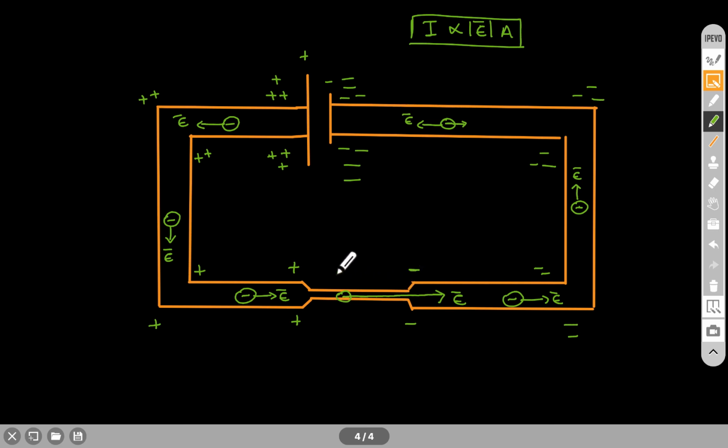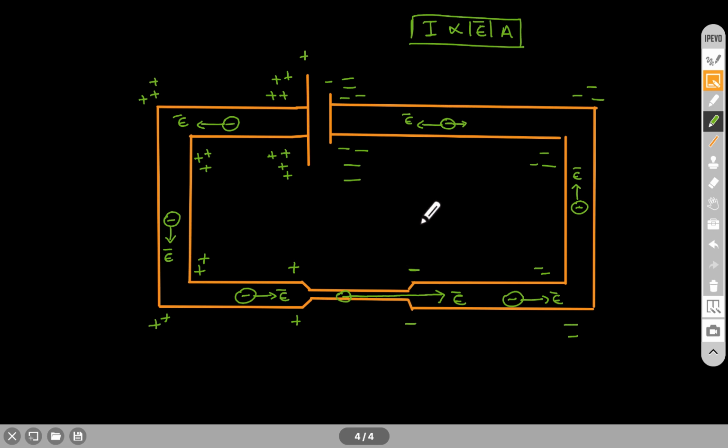When you go from this point to this point, there is a difference of 2, which is consistent with a greater electric field in that thin part of the wire. And then I need a difference of 1 everywhere in this part of the wire. So I have 1. This means I need to get 2 pluses here, 3, 3, 4, 4. Now the difference is 1, 1, 1, and again I'm back to 2.